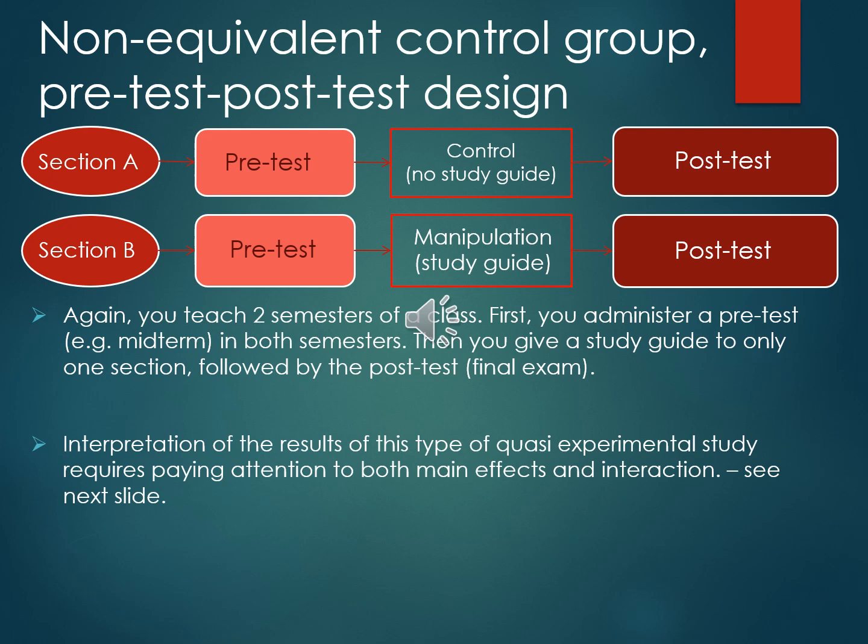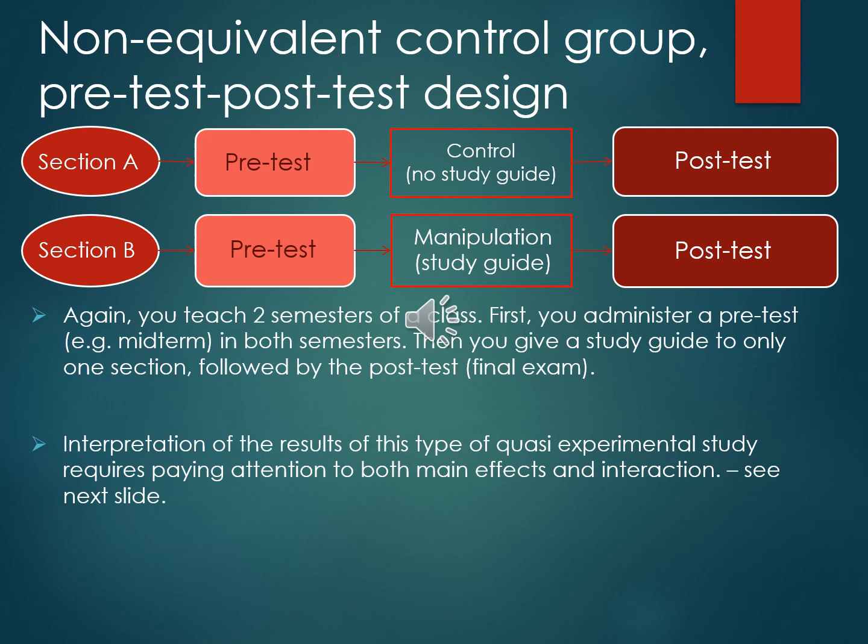So the final design of the quasi-experimental design is called the non-equivalent control group pre- and post-test design. Okay. This is as close as it gets to an actual experimental design. So how it's done is, first, you have two groups of people, and the two groups are first pre-tested, and then after the pre-test they experience some sort of manipulation.